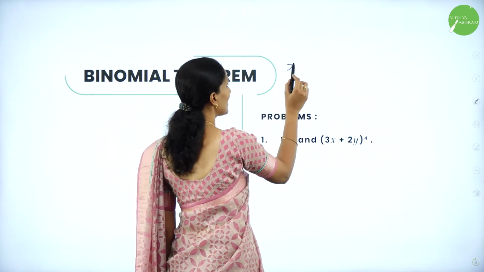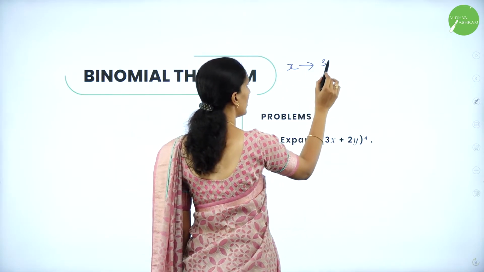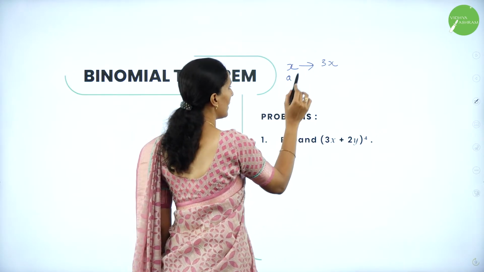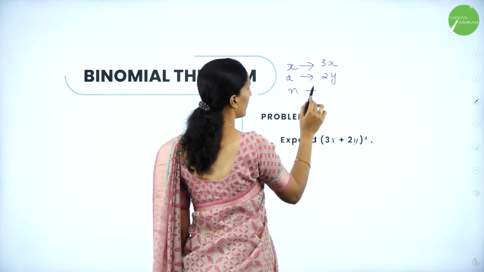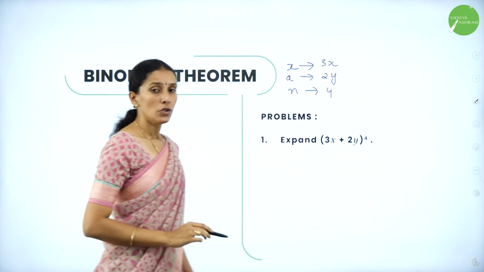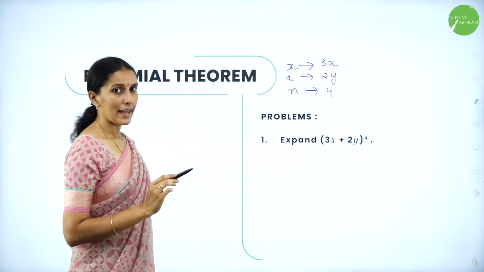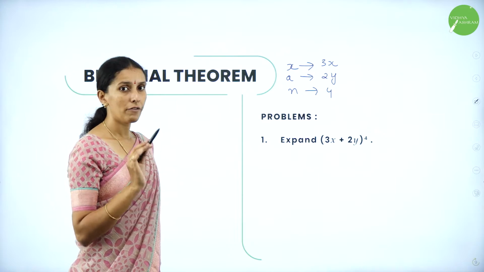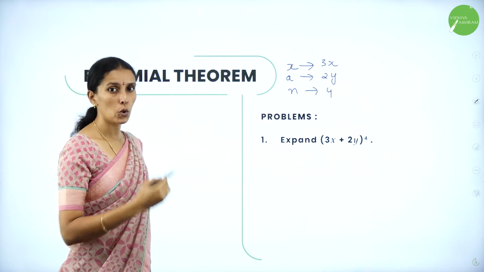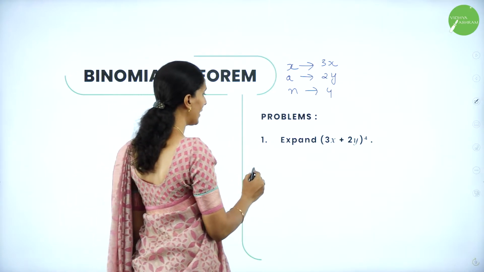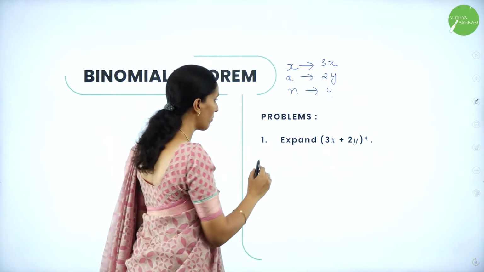What is there in the place of x? 3x. What is there in the place of a? It is 2y. What is my n? It is 4. So when you have x plus a whole power 4, then you should write the coefficients from 4C0 to 4C4.